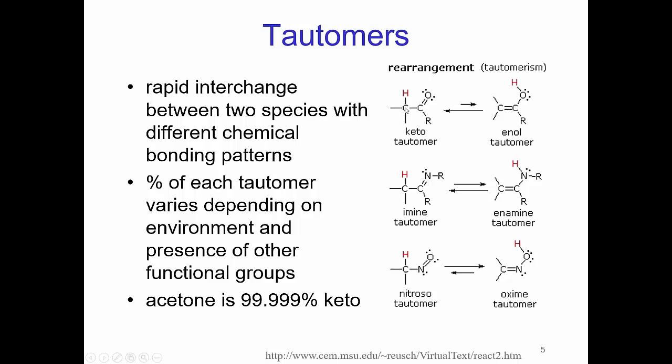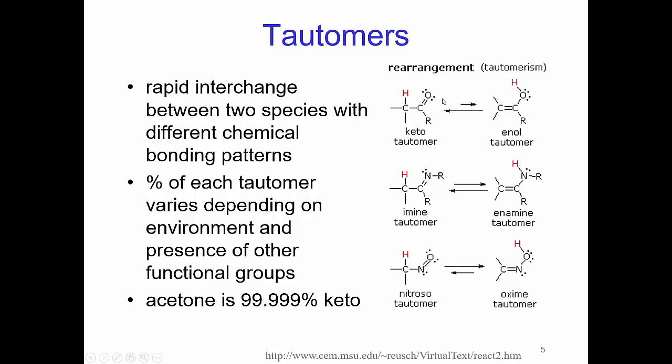So the double bond coming down neutralizes that. So we get a compound that is also neutral. It's called an enol, so ene, double bond, with an OH directly attached to it. And so there's a name for this called keto-enol tautomerization.